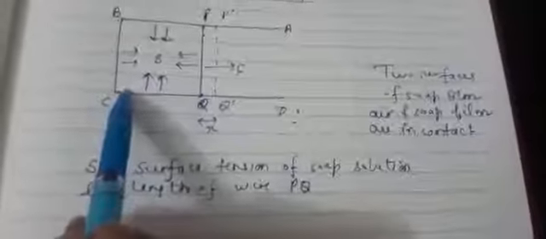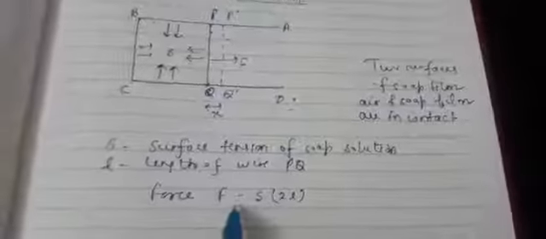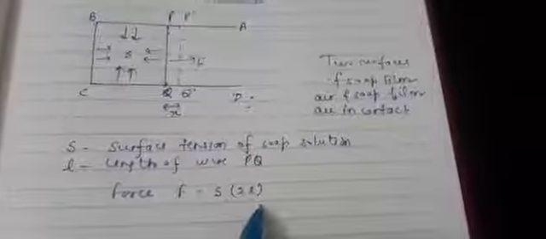That is, the soap film forms on both sides of the frame. So the total force acting inward will be given by S into 2L. Why 2L? Because force is acting on both the surfaces.